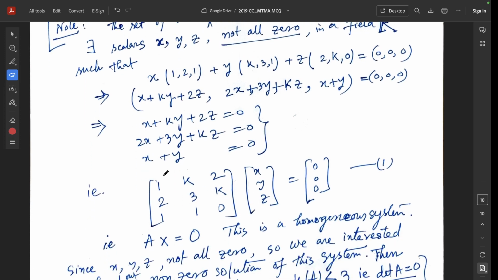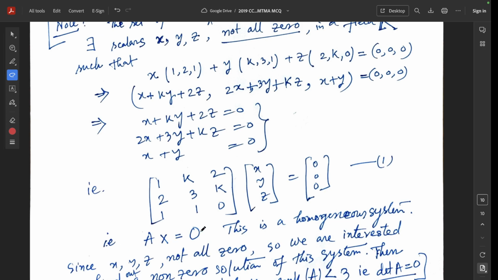In matrix form we can write this coefficient matrix times the column matrix (x, y, z) equal to the column matrix (0, 0, 0): AX equals the null matrix. This is a homogeneous system, and since x, y, z are not all 0, we are interested in finding a non-zero solution of this system. Then the rank of this coefficient matrix A must be less than 3, the size of the matrix.